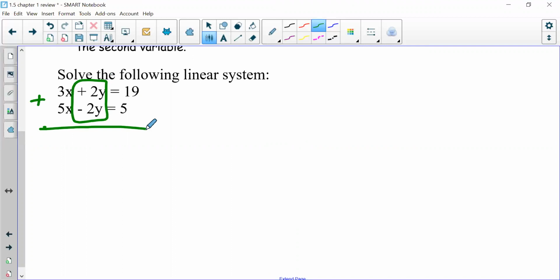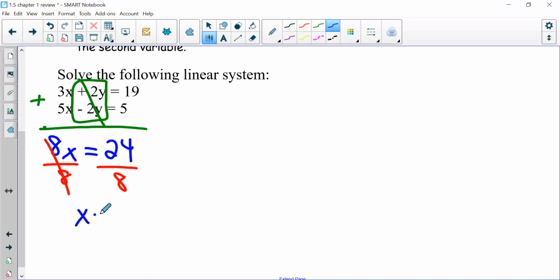This is 0, but what about the rest? 2x and 8x. Oh, we're adding. 8x equals 24. Divide by 8. And you have your first part of your point. What's x equal? 3. So most of the time, this is faster than substitution.